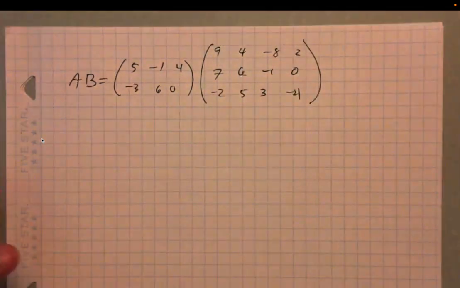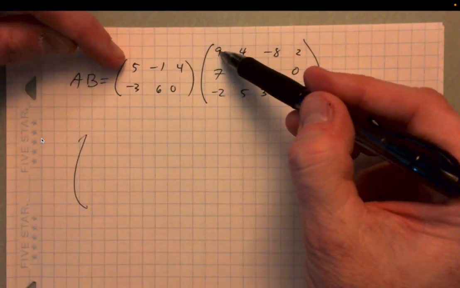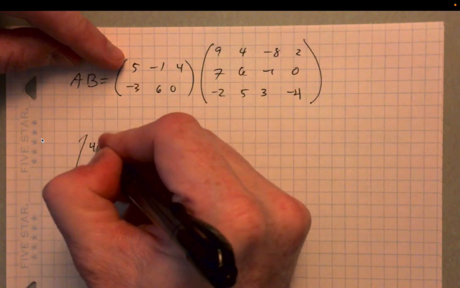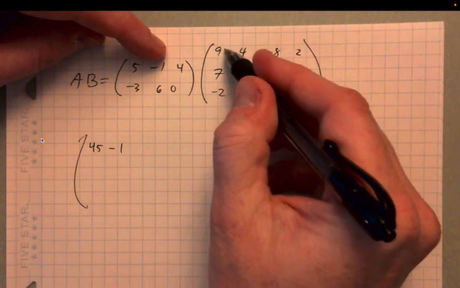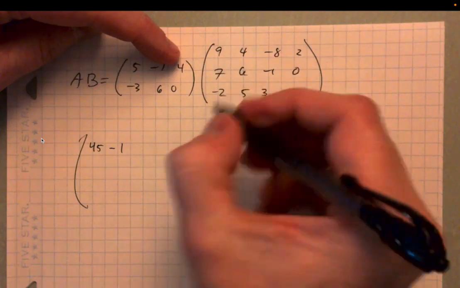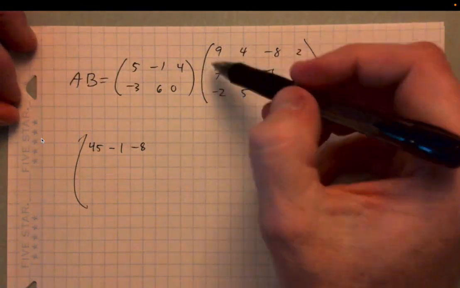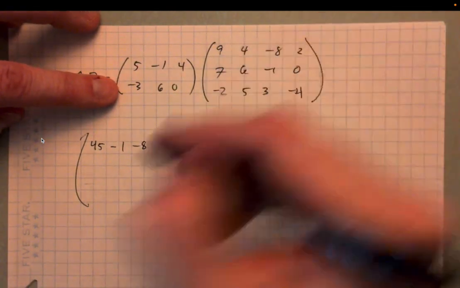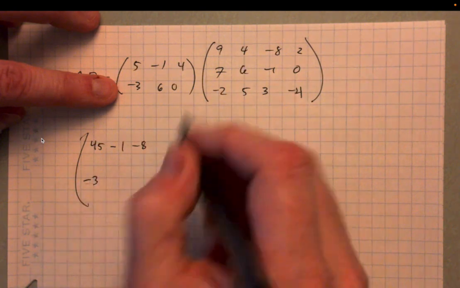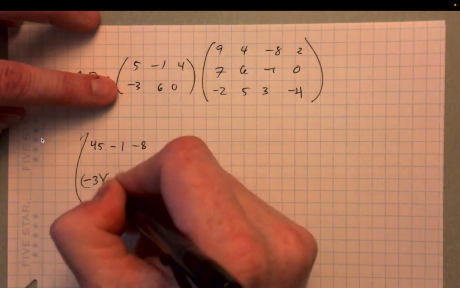Okay, and so the first thing I'm going to do is I'm going to go like this: 5 times 9 is 45, plus 7 times -1, plus 4 times -2. That's the first entry. The entry right below that is going to be -3 times 9. Well, that's -27. Well, let me just write it in.